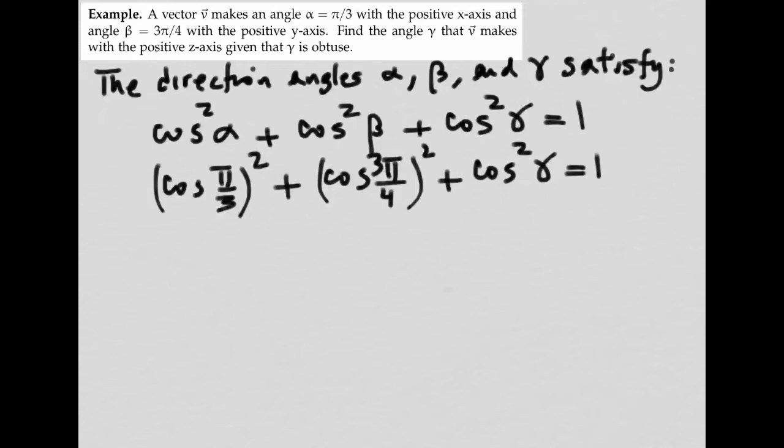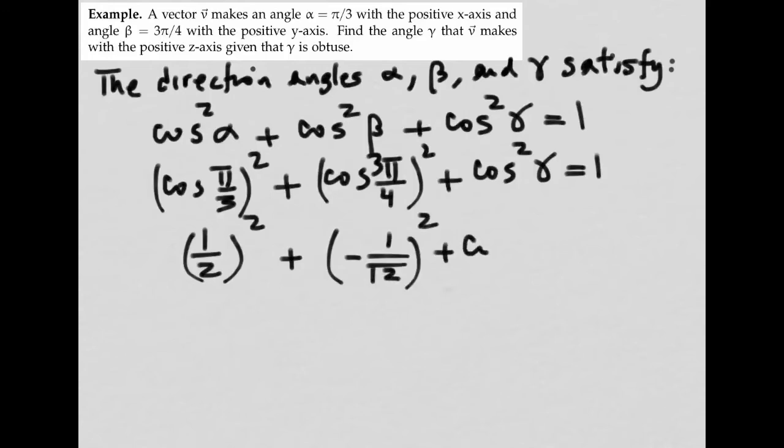Cosine pi over 3 is 1/2, so 1/2 squared plus cosine 3 pi over 4 is minus 1 over root 2, so minus 1 over root 2 squared plus cosine squared gamma equals 1.